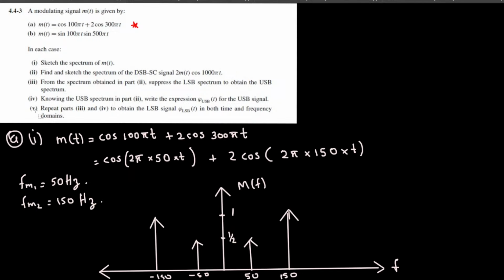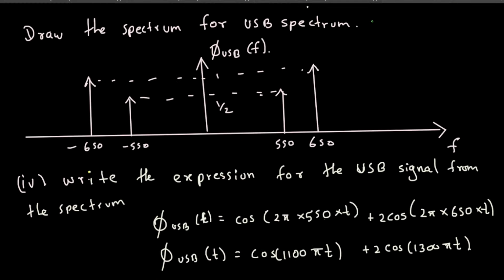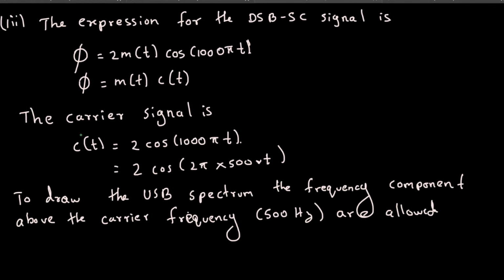Now let's look at part 5. Part 5: repeat parts 3 and 4 to obtain the LSB signal in both time and frequency domain. So it's basically the exact same thing.